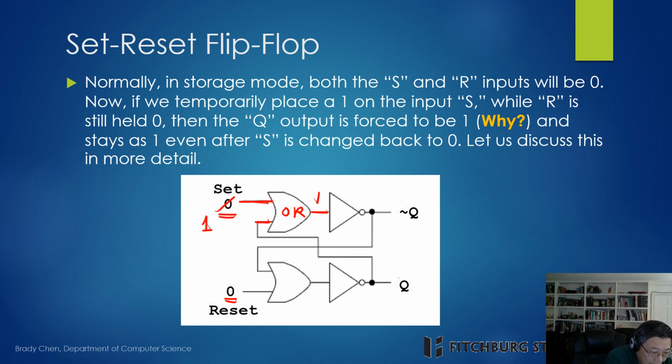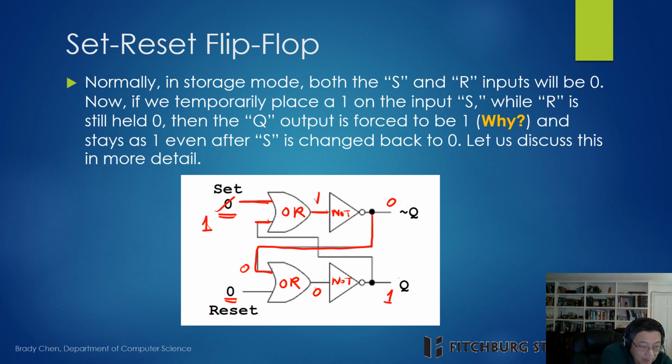Now this is the NOT gate, so the output of this NOT gate should be 0, and this 0 is connected to the input of the other OR gate. Since the current reset input is 0, both inputs are 0 for the OR gate at the bottom. So the output should be 0, and because that's under the NOT gate, the output should be 1.